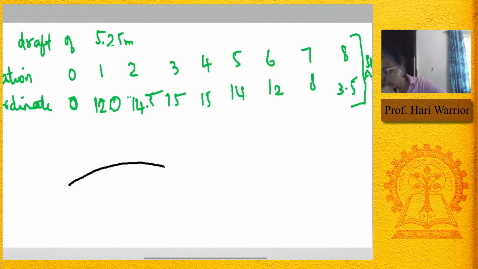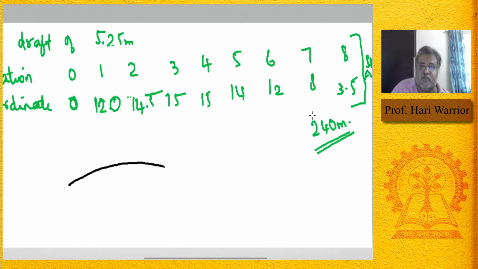What is the use of all that, we will see. You are told that there are 9 stations, sorry, 9 stations from 0 to 8 and 8 intervals, and the length of the vessel is 240 meters. So obviously 8 intervals means each interval will be 30 meters.